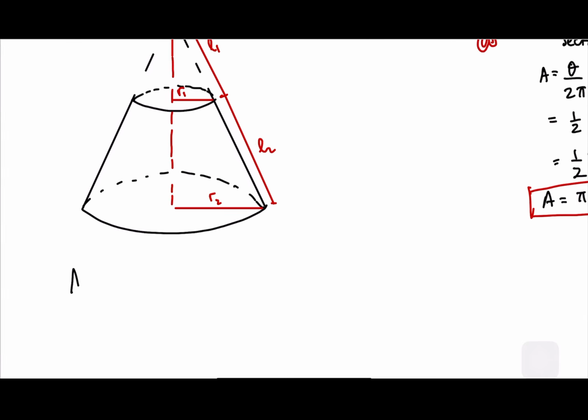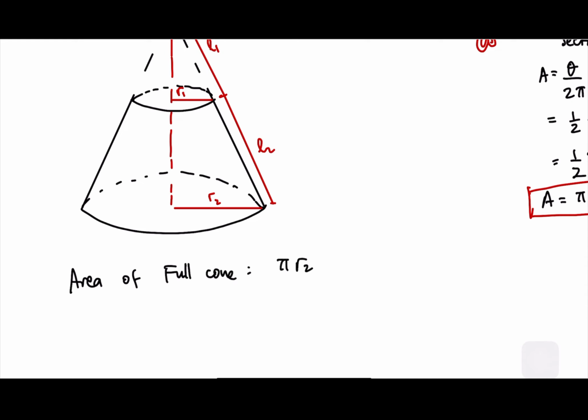So let me write the area of the full cone is pi r2 and L1 plus L2, or let me write this just as L. Okay.